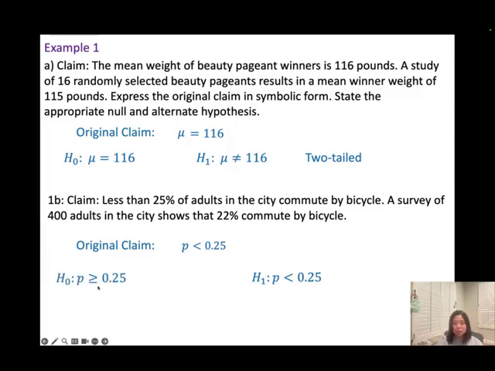So H naught would be P greater than or equal to 0.25. Or you can state the null hypothesis as P equal to 0.25. That is up to you guys. You could just say this one as your answer, or put greater than or equal to as your answer. And then when we have the less than, that will be left tail.